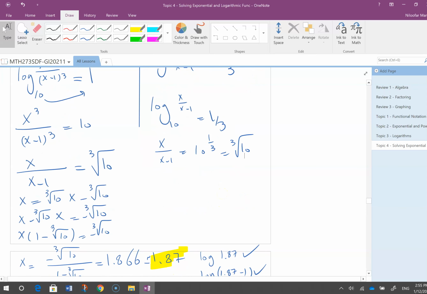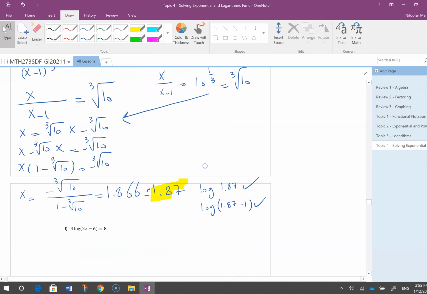From here you can continue to this one, and then you can find the answer here. So maybe I can move the answer there because I don't need to go to the other space.